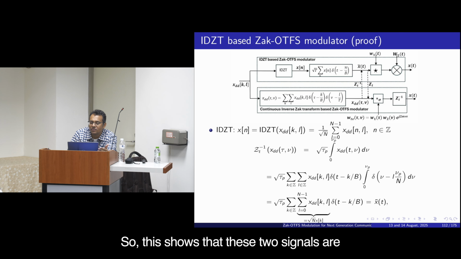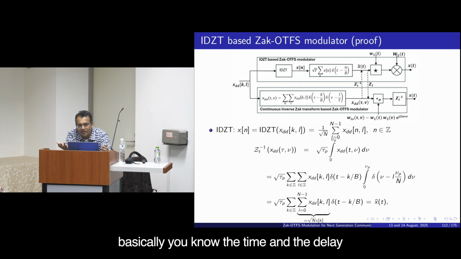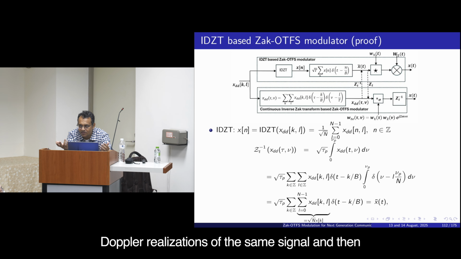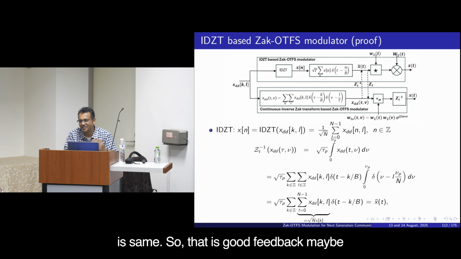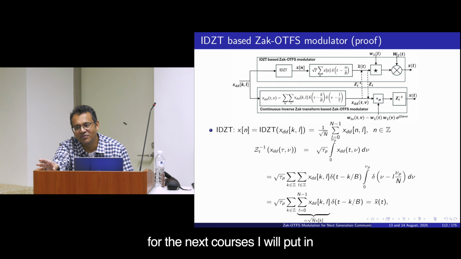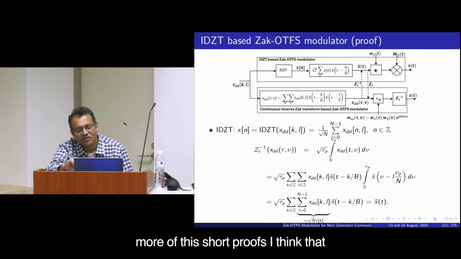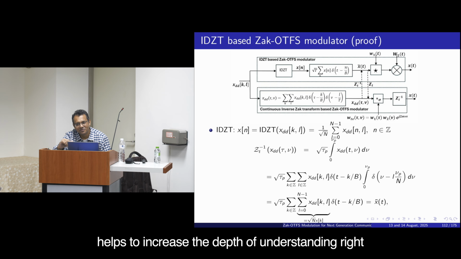So, this shows that these two signals are basically the time and the delay-Doppler realizations of the same signal. And then we showed that this is anyways equivalent, and therefore, this xt and this xt are the same. So, that is good feedback. Maybe for the next courses, I will put in more of these short proofs. I think that helps to increase the depth of understanding, right.